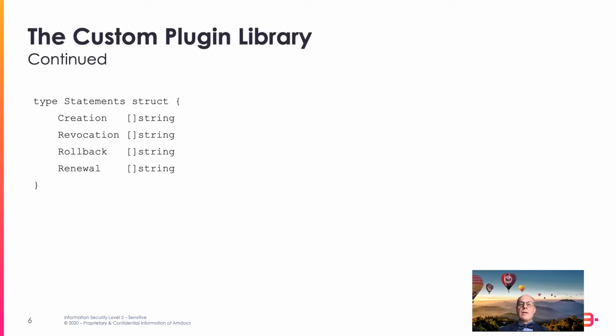The plugin SDK is built for many different kinds of databases. You will have noticed on the previous slide that many of the methods had a statement parameter. This can be used in the case of SQL-based databases such as Oracle to pass the SQL query needed to manage the user accounts.